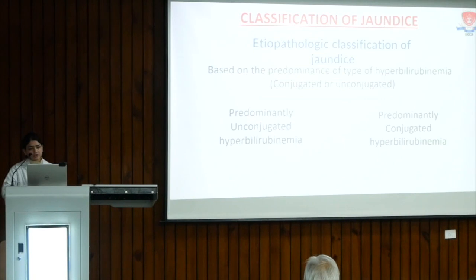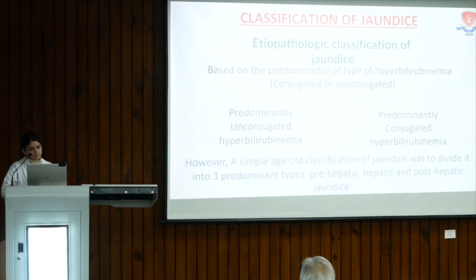Now the etiological classification of jaundice is based on whether the increase in serum bilirubin level is predominantly of the unconjugated type. So it can be divided into predominantly unconjugated hyperbilirubinemia and predominantly conjugated hyperbilirubinemia. However, there was a simple age-old classification which divided jaundice into pre-hepatic, hepatic and post-hepatic jaundice.